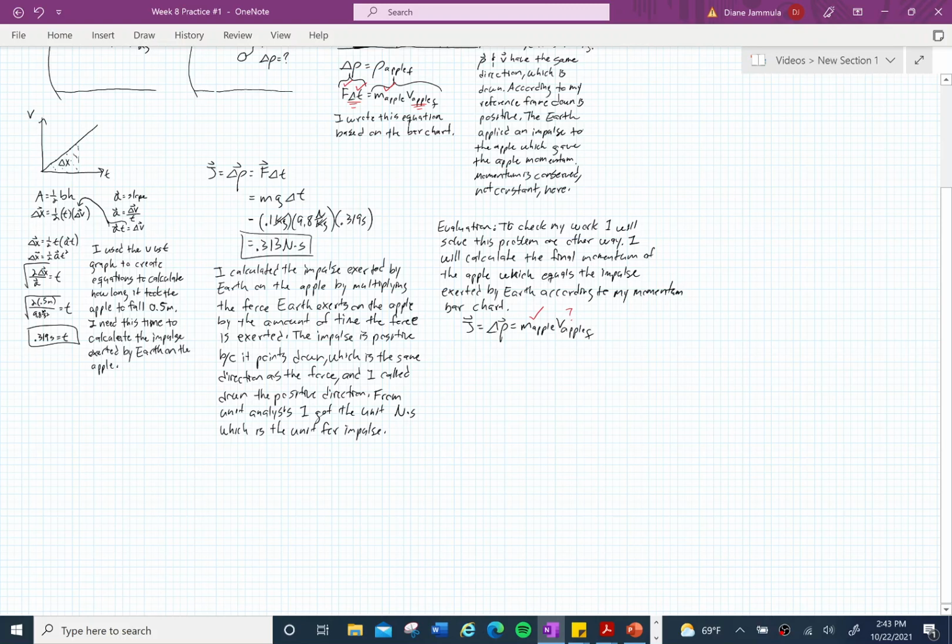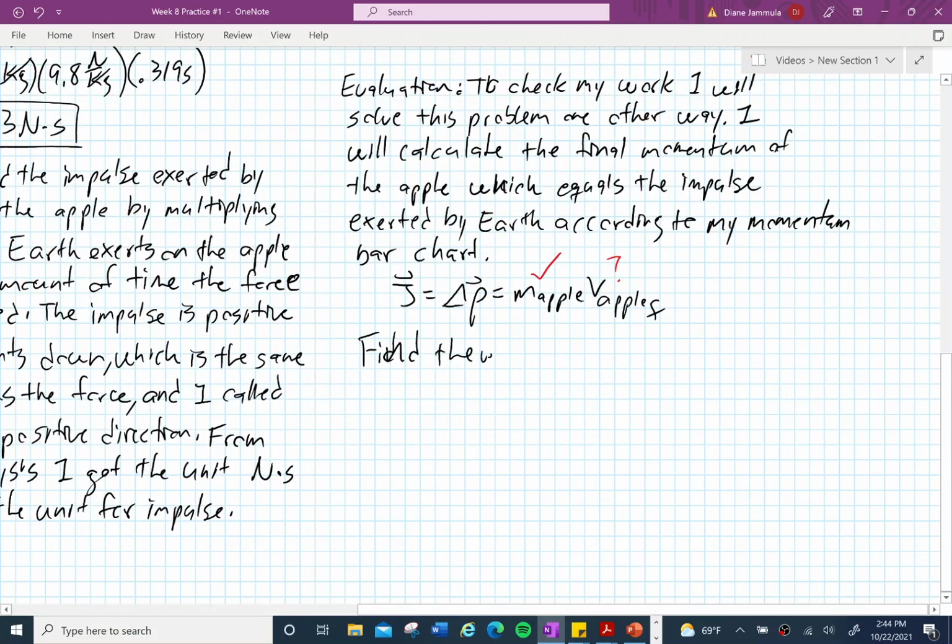I'm going to find the velocity of the apple using the slope equation for the velocity versus time graph.